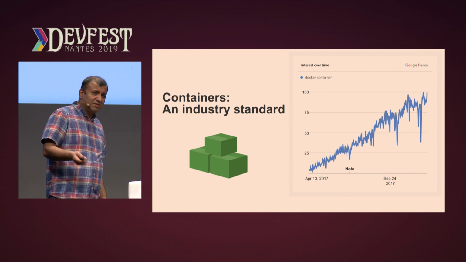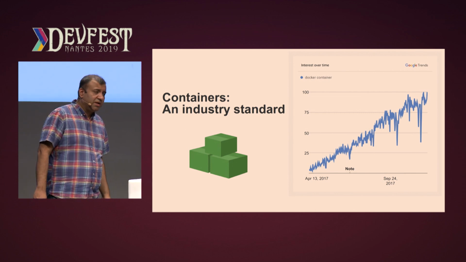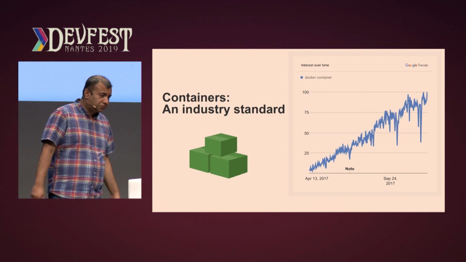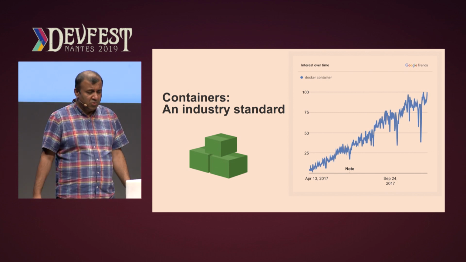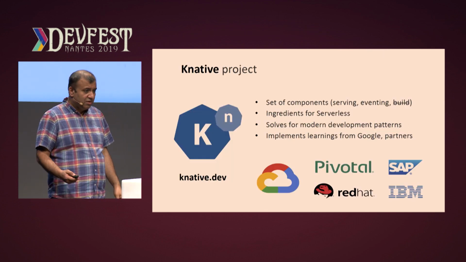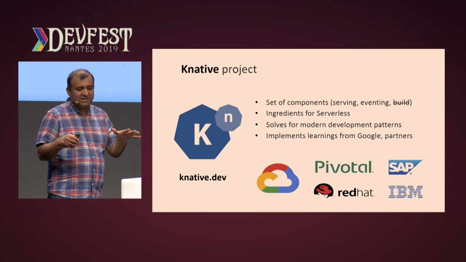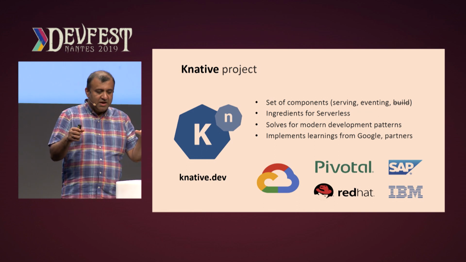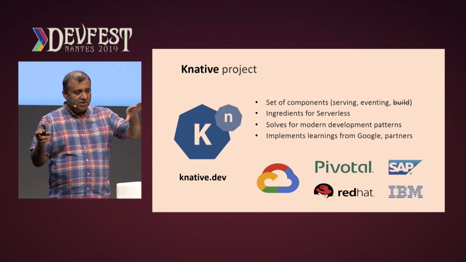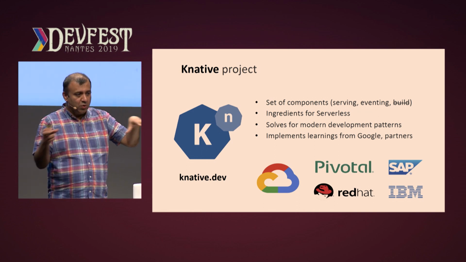If you look at the trends, increasingly it's being adopted, and it's a very popular way of deploying your microservices. So coming back to Knative, what Knative basically brings is that it marries the two things. It brings the serverless model to containers.